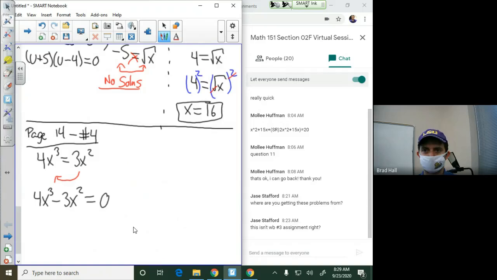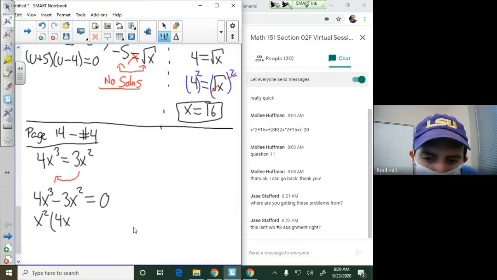So now this is in standard form, which is good, because now we can start to evoke techniques of factoring. Now, I noticed that both of these terms have something in common. Both have x squared in common, so we can factor out an x squared. Let's think about what's left over. 4x to the third, we just took out x squared, so that would be 4x.